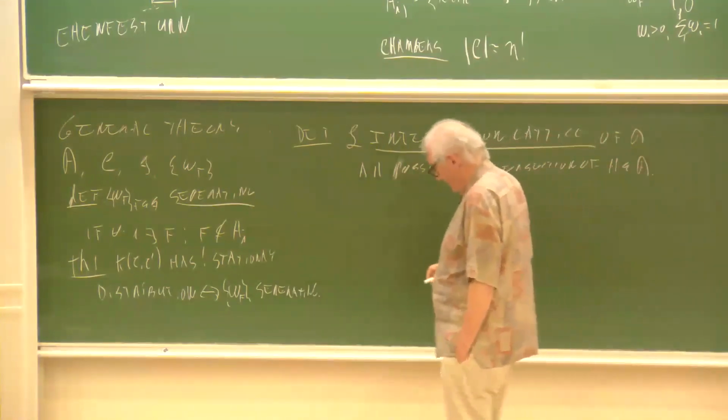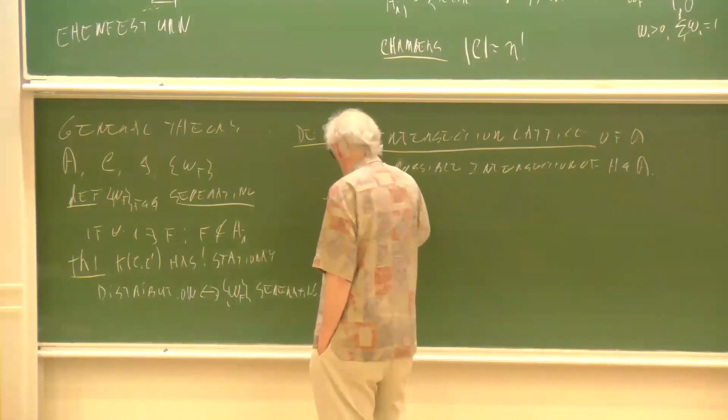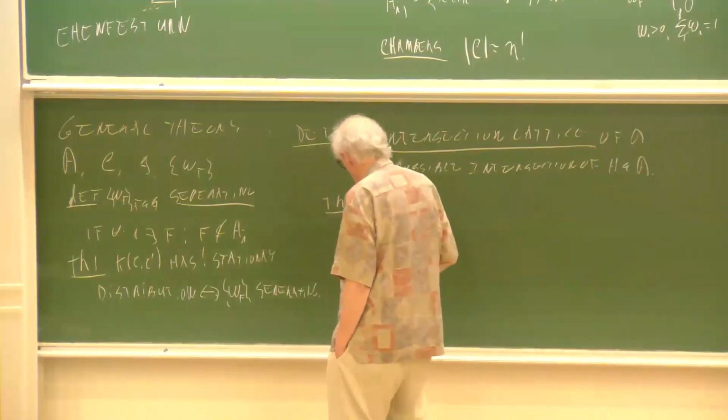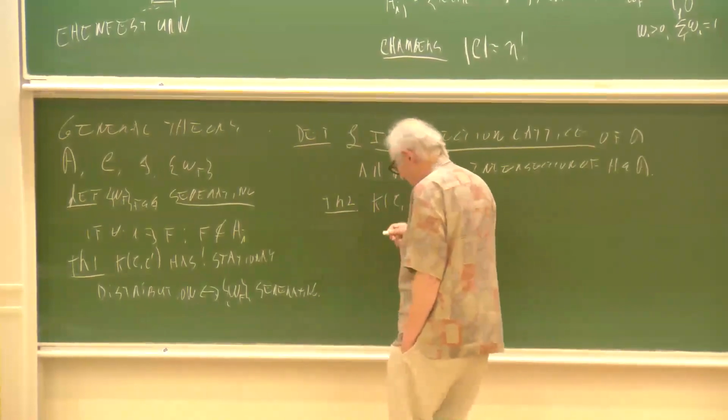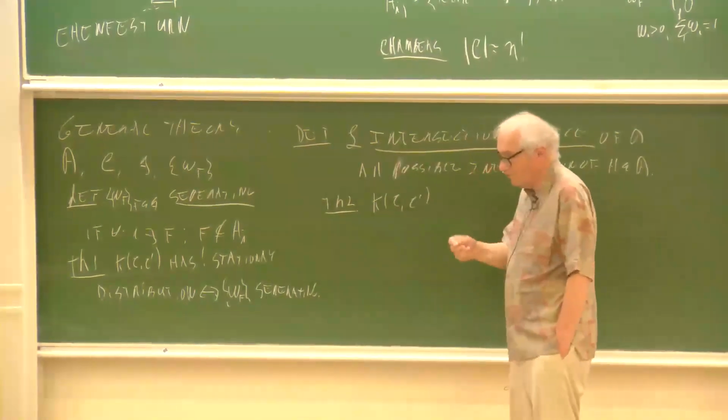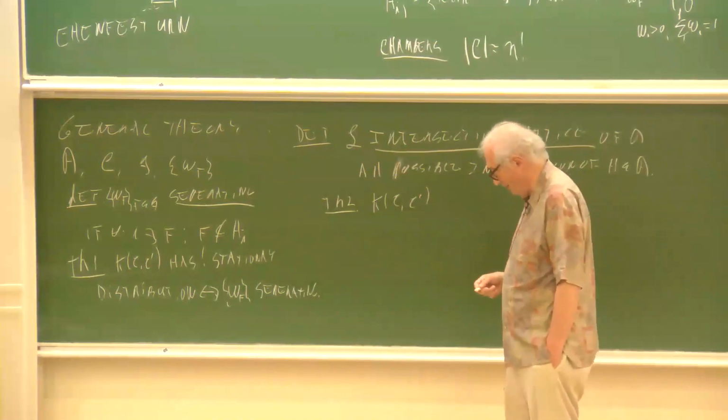And now I can say theorem 2, which is that this Markov chain is diagonalizable. It's not at all obvious. It's really not obvious. It's one of the theorems that I proved.